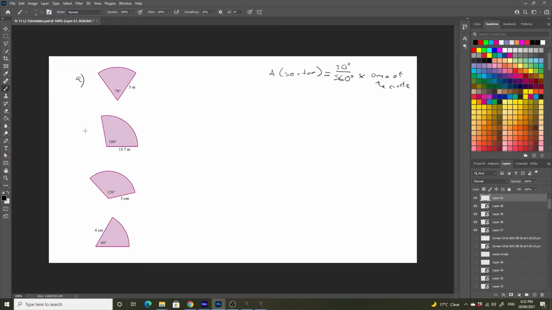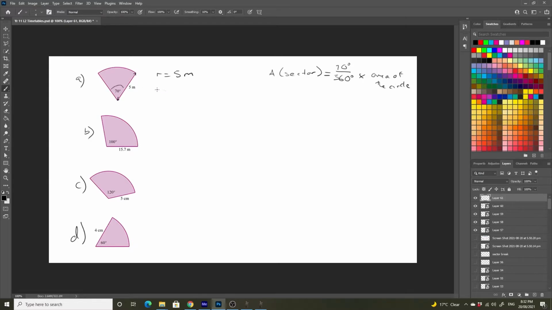So let's look at these examples. In A we're given a radius of 5 meters, so r equals 5 meters, and we're given an angle of 70 degrees.